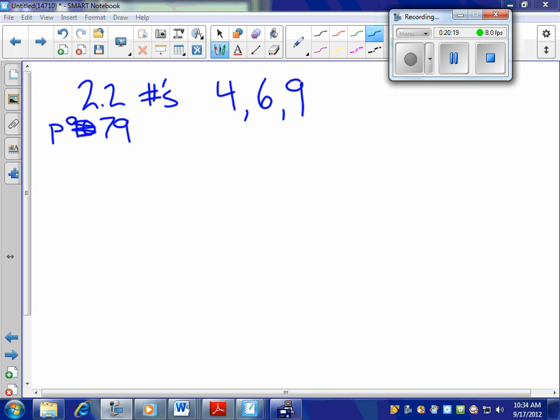As opposed to going on to the next part, which is tables, we're going to do that in 7 minutes. But I'm giving you 7 minutes to look at these 3 problems, which are identical to what we just did in class. Where we looked at approaching the left and approaching the right, same process. Start with problems 4, 6, and 9. In 7 minutes, I'm moving on to the next portion of the notes.